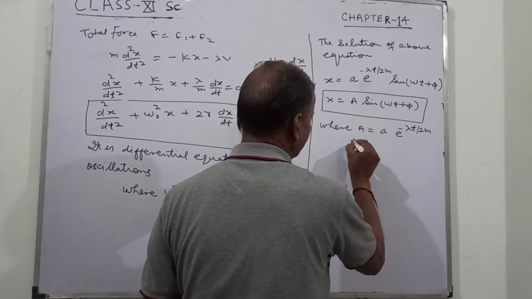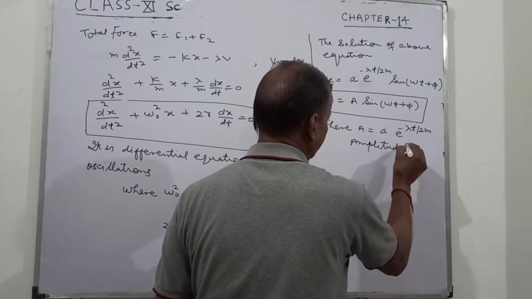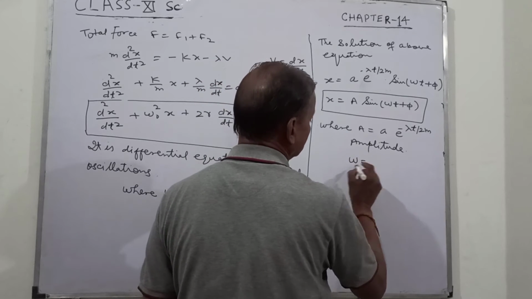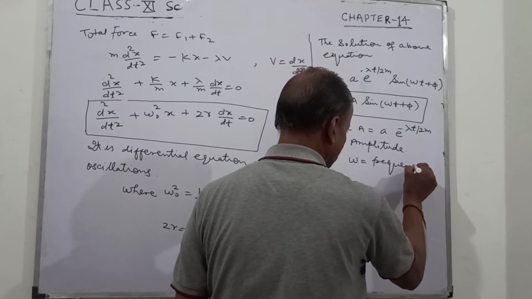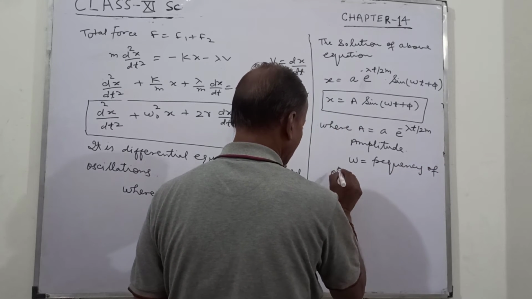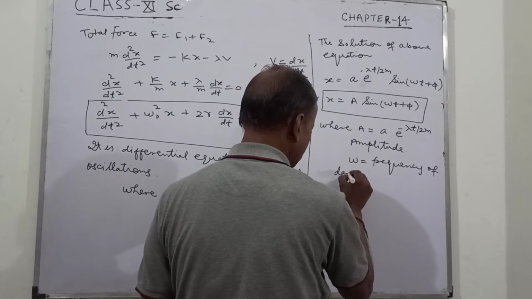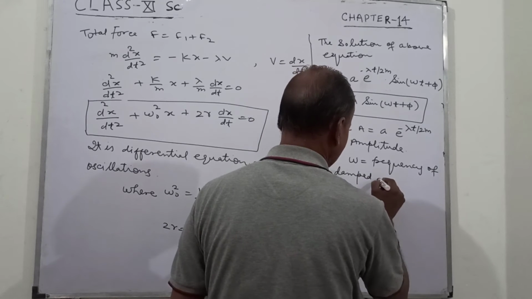This is the amplitude. And this omega equal to the frequency of the damped oscillator.